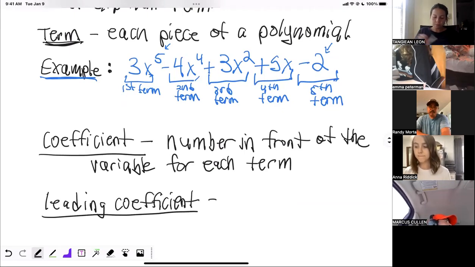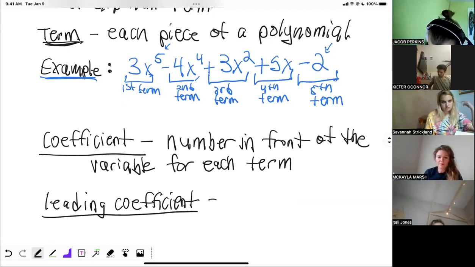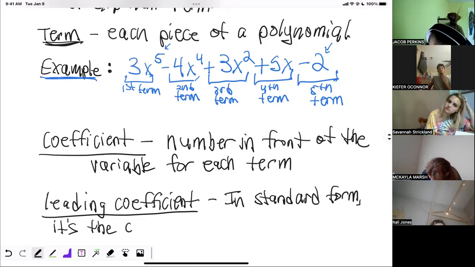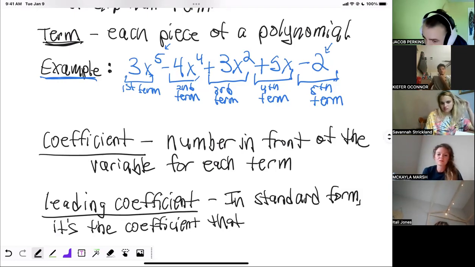There's another reason why you want to put your polynomials in standard form, because in standard form, it's the coefficient that is listed first.